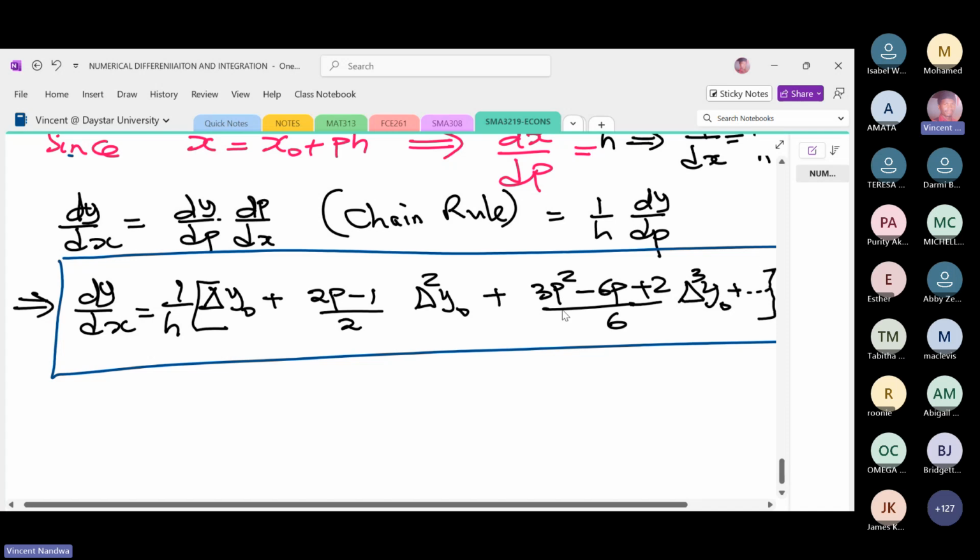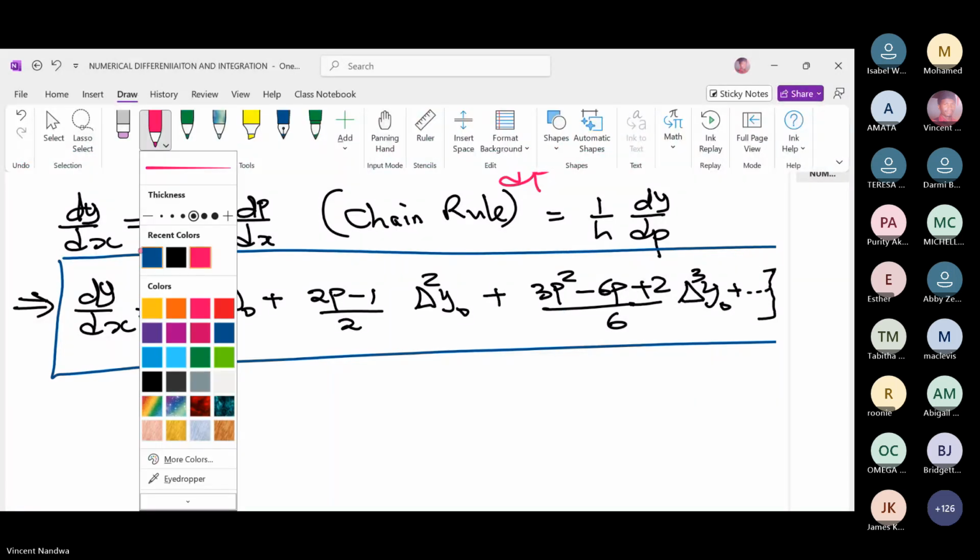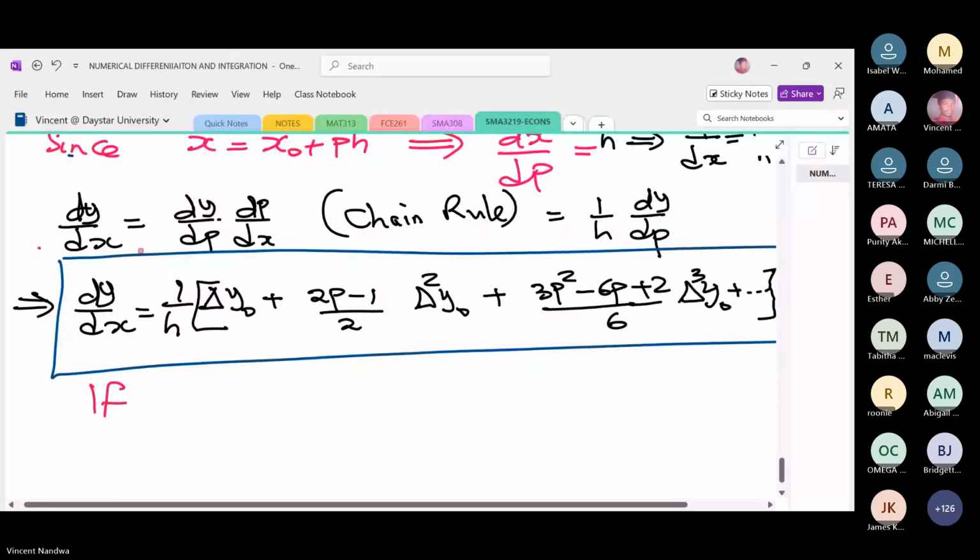But if x equals x naught, then we know that x is the same as x naught plus ph.